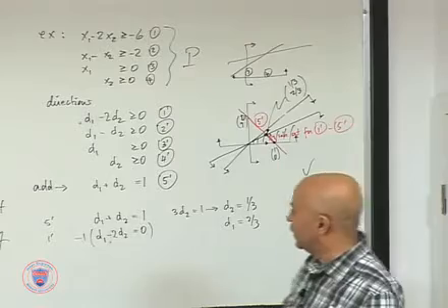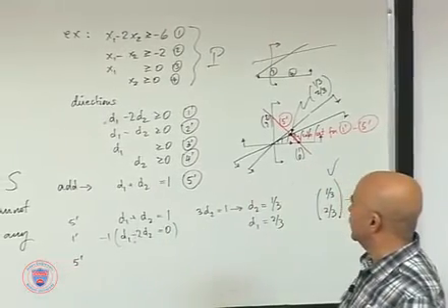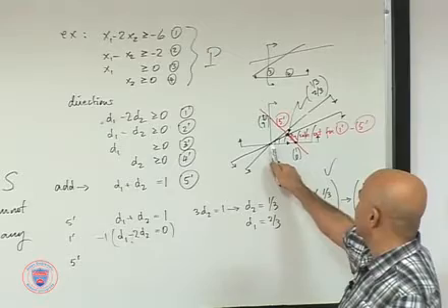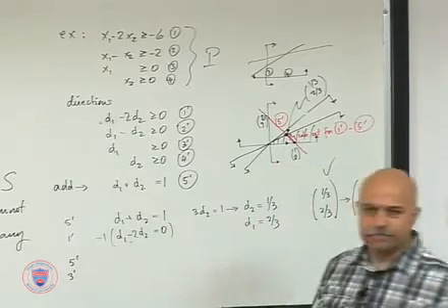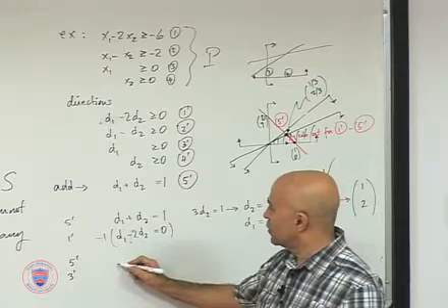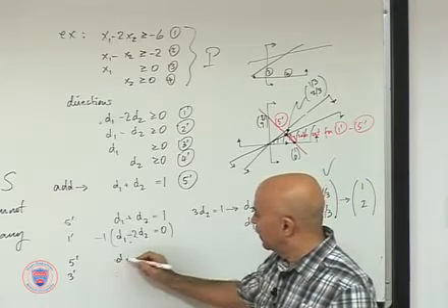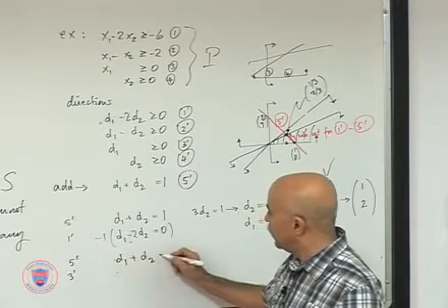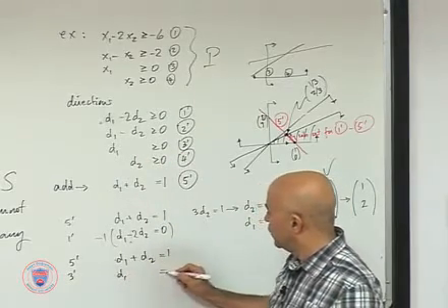What is the second one? You again impose 5 prime with something else. In that case, d1 is positive, so we're imposing 3 prime, I believe. In that case, of course, we get d1 plus d2 equals 1, and d1 equals 0.